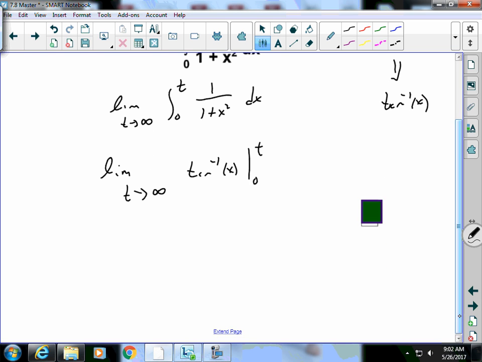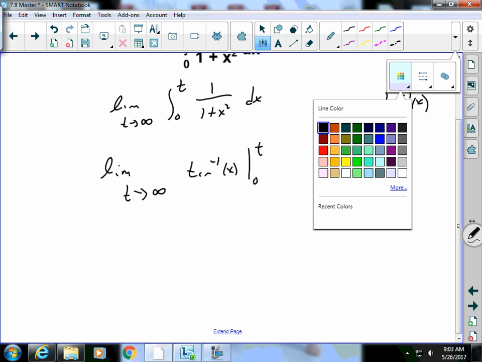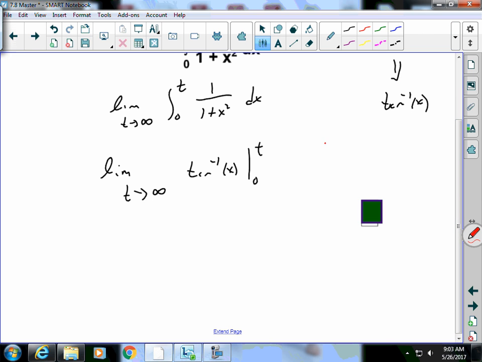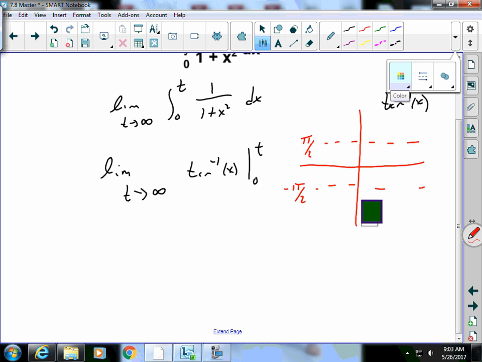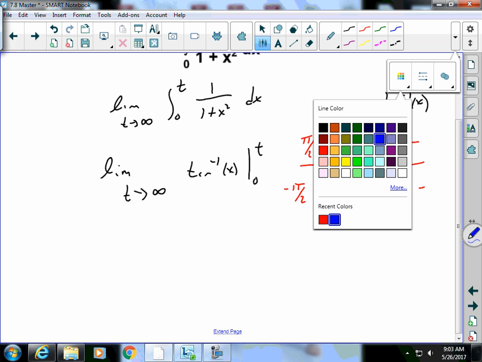Now it's helpful if we kind of know what arctan looks like. So I'm going to just remind us real quick, take a couple seconds. That's pi over 2, minus pi over 2. And then draw a quick function.